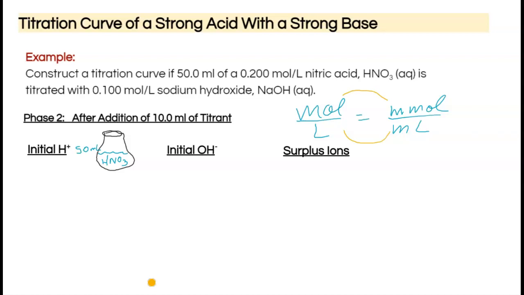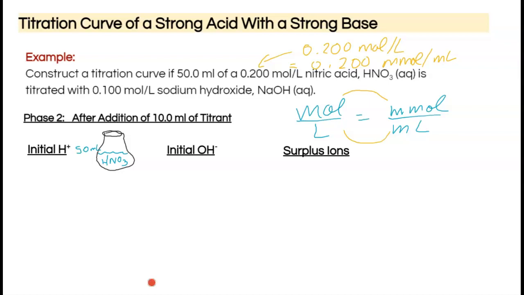So when I say that I have 0.200 moles per liter, that actually means that I also have 0.200 millimoles per milliliter. That's just going to make life easier for me because my volumes are all going to be in milliliters. If you're not sure what I'm talking about, that's okay. Stay tuned.